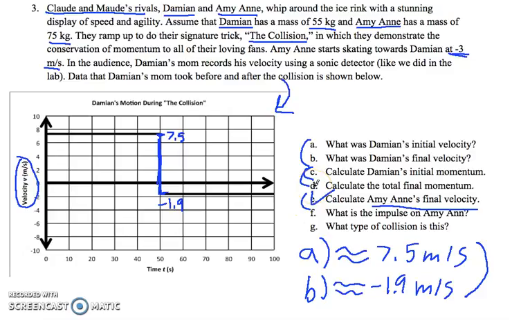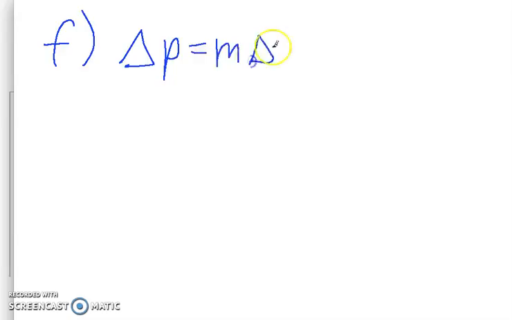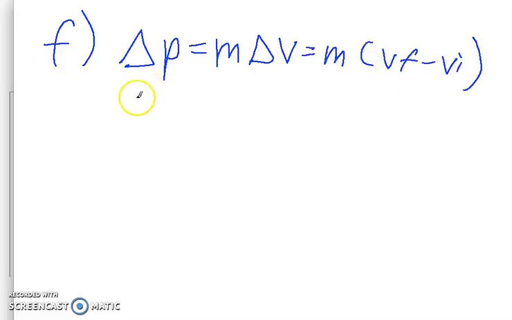The next one, F, is asking, now what's the impulse on Amy Ann? If we want to figure out the impulse, that's delta P, and that's equal to mass times the change in velocity, mass times vf minus vi. So we're really just going to plug in the mass and each of the velocities, because we know those now.